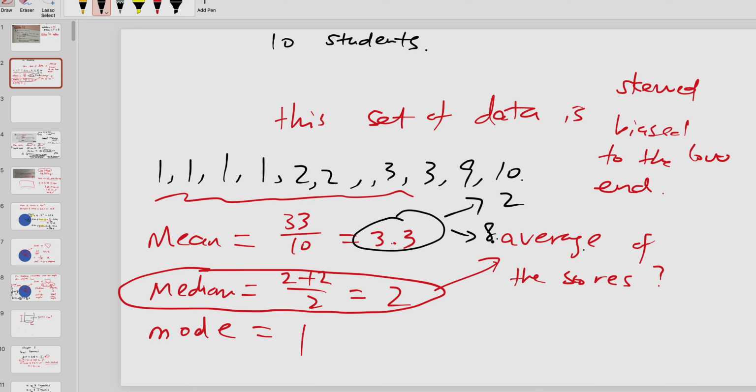No. The 3.3 actually is not representative at all, because 8 of them score less than that. How can you use a metric that doesn't represent the majority of the students to be a fair gauge?